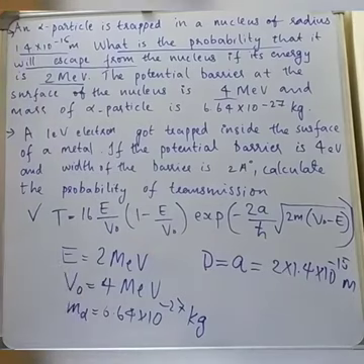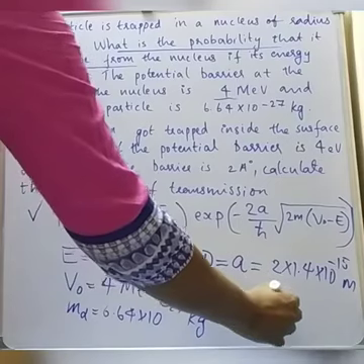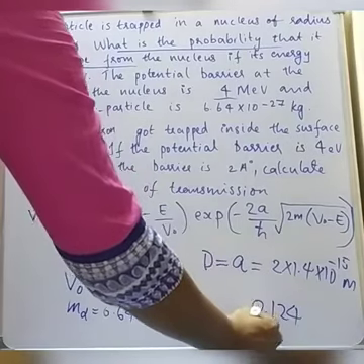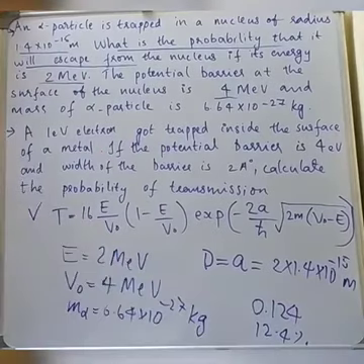That will give the width of the barrier. So now we have all the values. By substituting, we will get 0.124, or it is 12.4 in percentage.